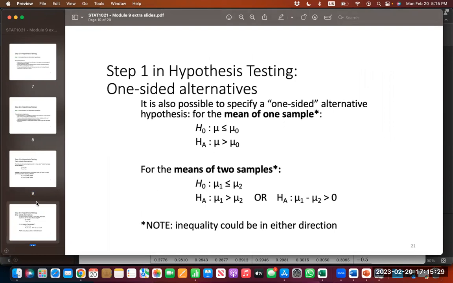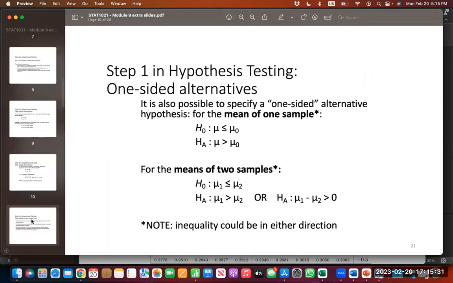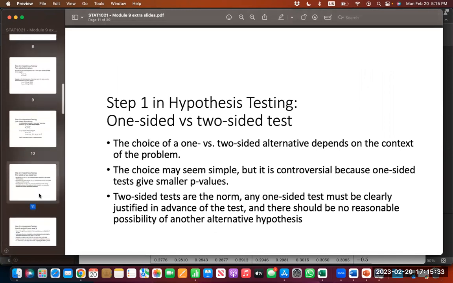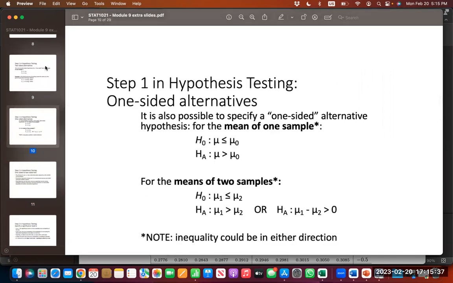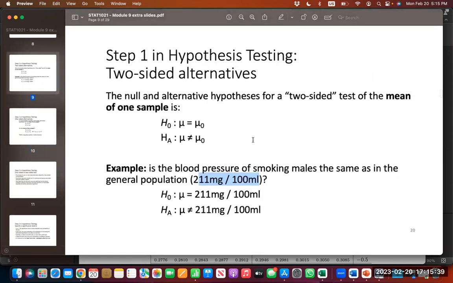So first, I don't want to go towards one-sided alternatives for now. Okay, let's do two-sided. We're doing two-sided tests. That means we're taking the alpha and distributing it to both sides. That means we have two tails that we have to pay attention to. It's 2.5% on the right side, 2.5% on the left side.